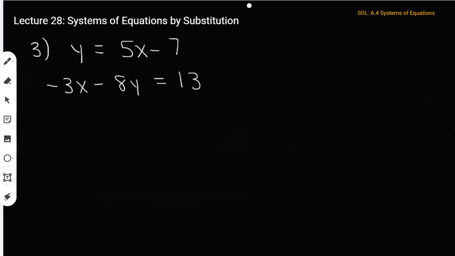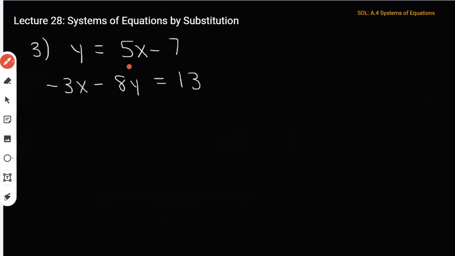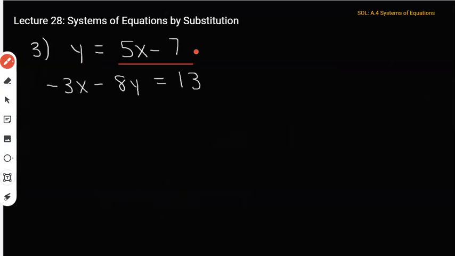This will be the last one we do together. So I know what y is. Y is 5x minus 7. I'm going to underline that. Y and 5x minus 7 are the same thing. And what I'm going to do is I'm going to plug that in for y on the bottom. So I'm going to put it right here.